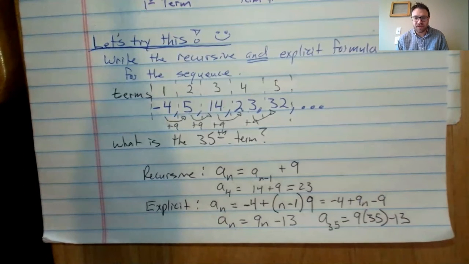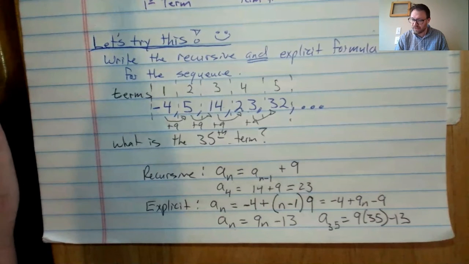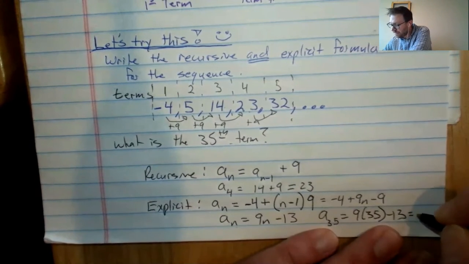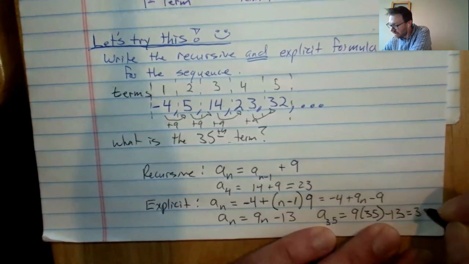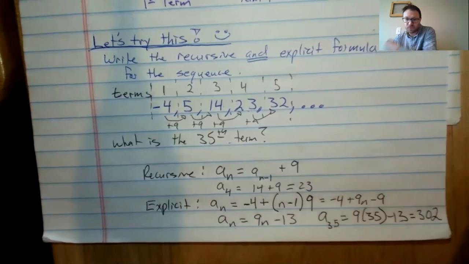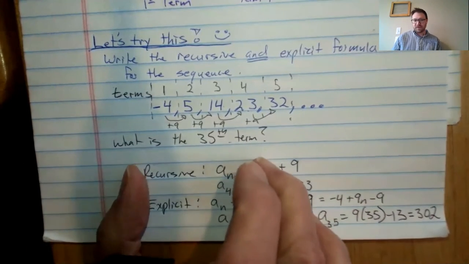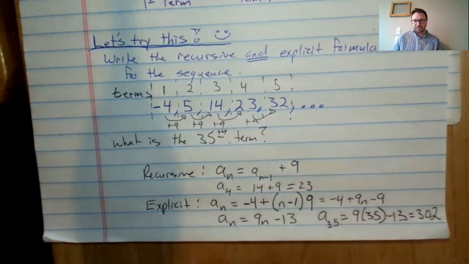So this form helps us see those future terms. We can calculate them a little better. 9 times 35 is 315, minus 13. We know that a sub 35, or the 35th term, is 302. Okay? Now, that is how you write the recursive and the explicit.